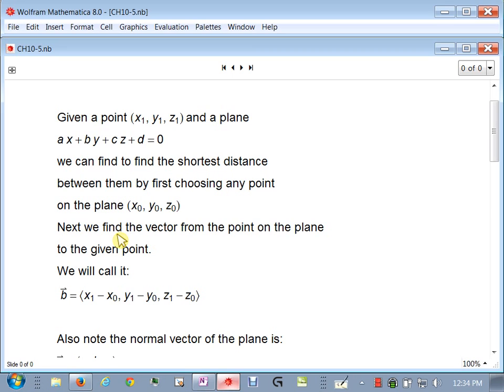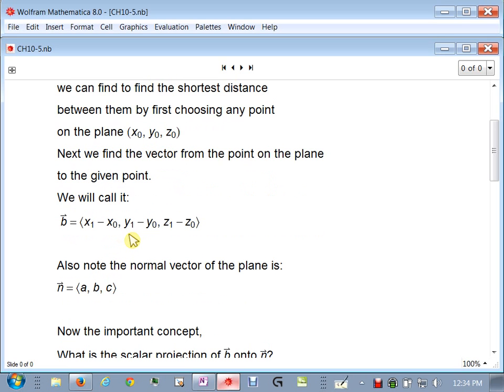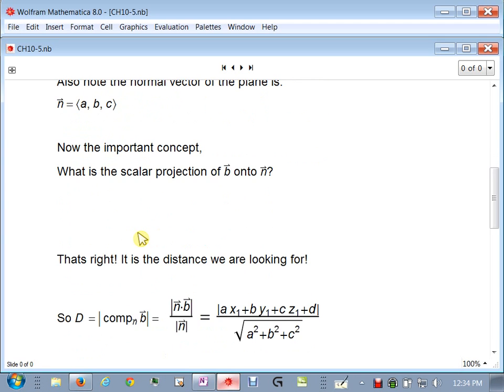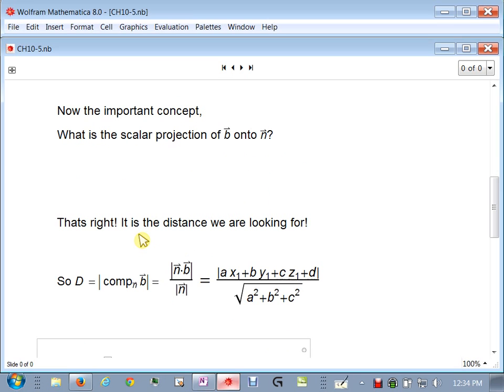Next we find a vector from the point on the plane to the given point, a vector from here to there. We'll call that B. And then we take the normal vector of the plane, that's N. And then it's obvious, right, that if we take the component of the B vector onto the N, then that would be the shortest distance, right?